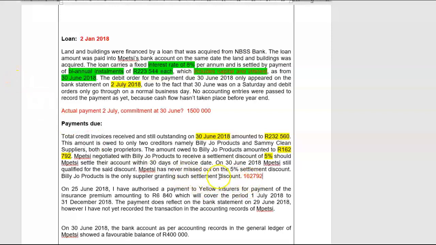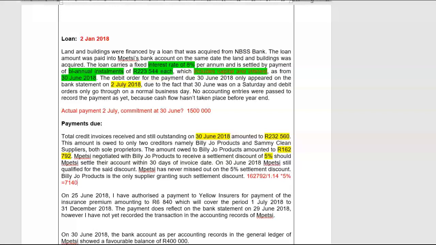The invoice value. How do we derive from invoice value to allowance for settlement discount? Number one, determine the invoice. Number two, take out the VAT. Number three, multiply the settlement discount percentage to the VAT exclusive amount. And that then gives you the total amount that they will be able to claim as a settlement discount, exclusive of VAT, of 7,140.